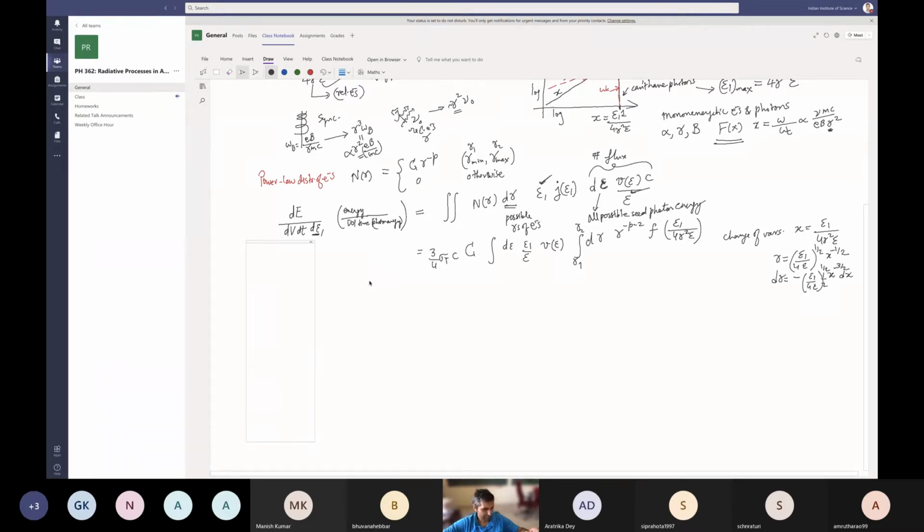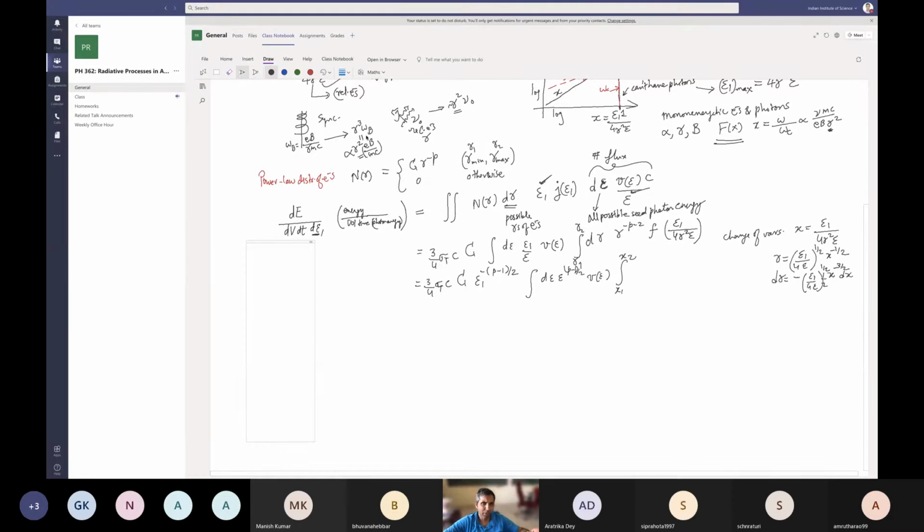What do we get? This becomes 3/4 sigma T c, capital C, epsilon 1 to the power of minus p minus 1 by 2, integral d epsilon, epsilon to the p minus 1 by 2, v epsilon, integral x1 to x2.